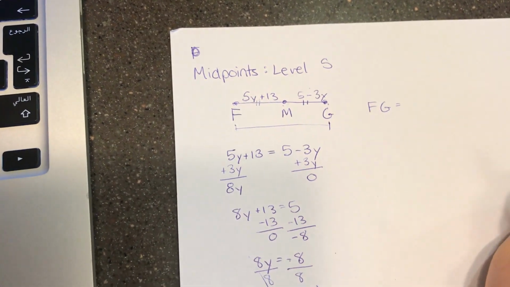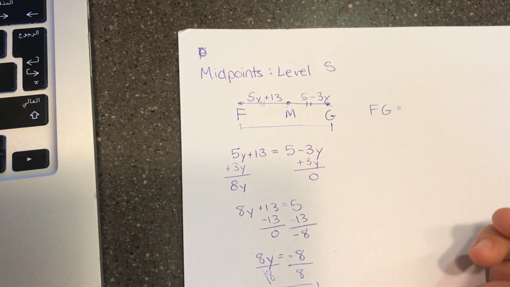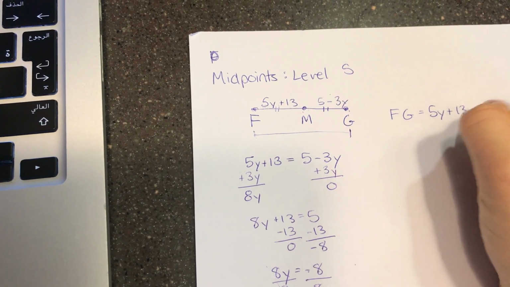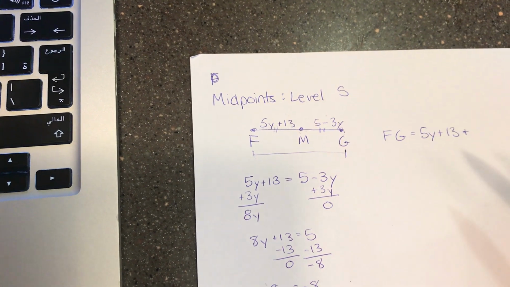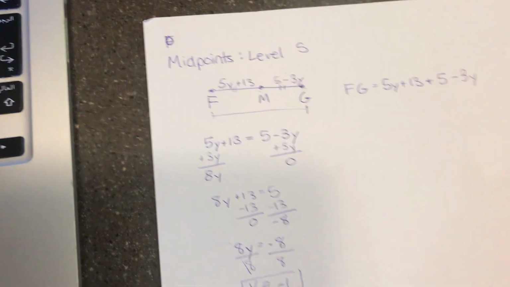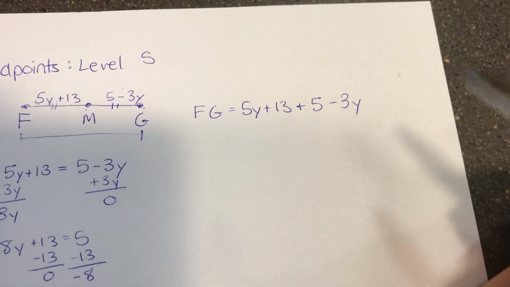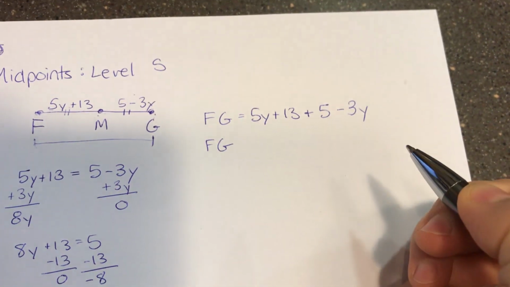is equal to what? It's equal to FM plus MG. So FM is 5y plus 13 plus MG, 5 minus 3y. I'm going to combine my like terms to simplify this expression.